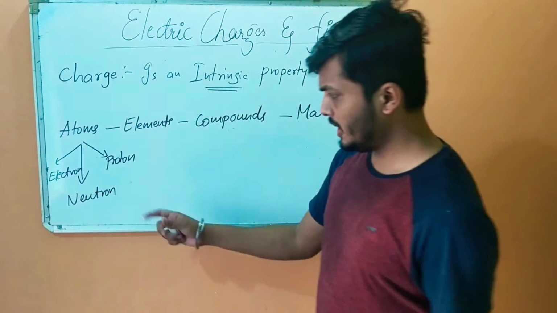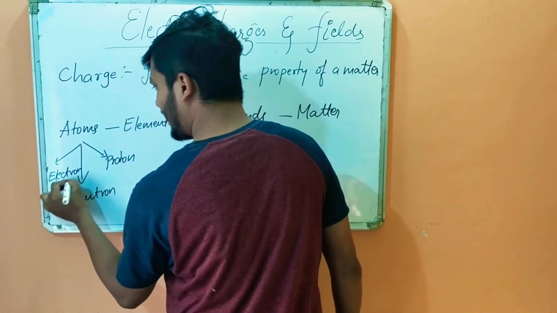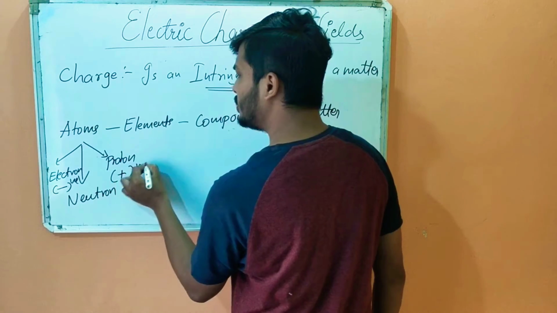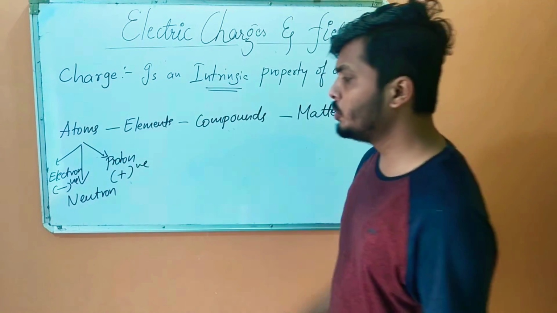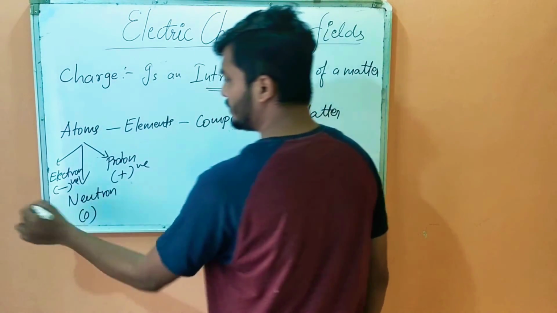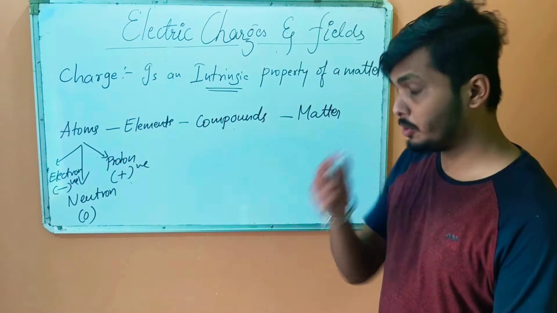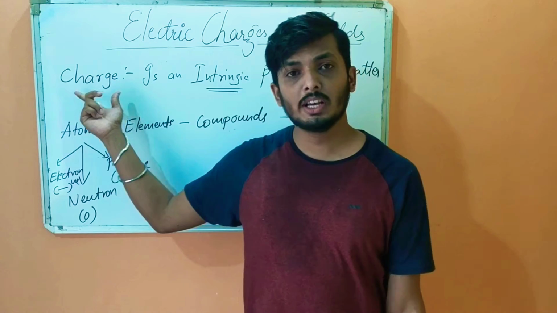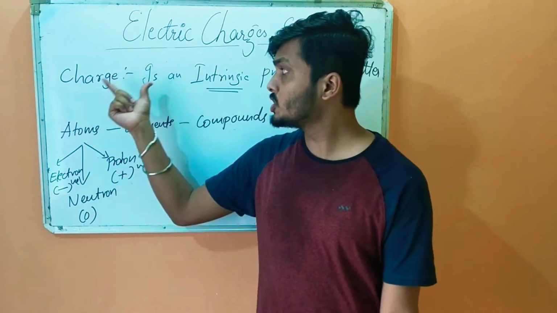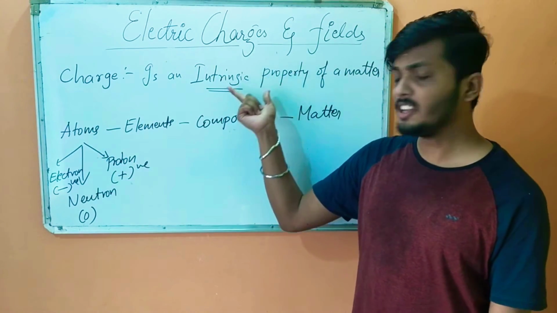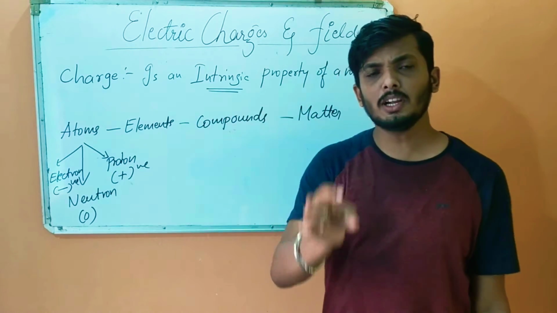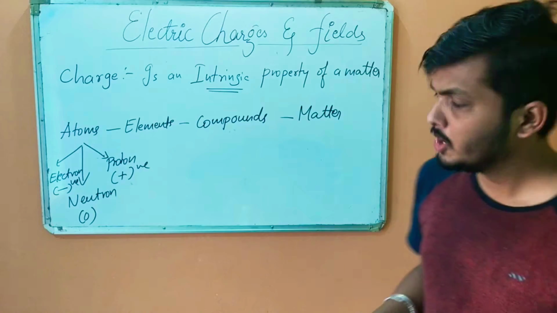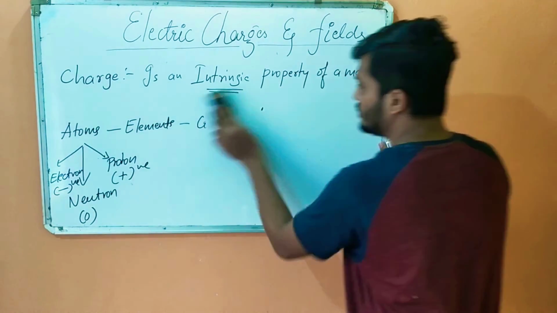So you know that this electron is a negatively charged particle, proton is a positively charged particle, whereas neutron has no charge, or you can say the charge of a neutron is 0. Now when I say electron, proton, these are called as what? Charges. Okay, so charge is an intrinsic, or I would say it is a fundamental, or it is a basic property of any matter. Okay, so will you remember this definition? What is a charge?